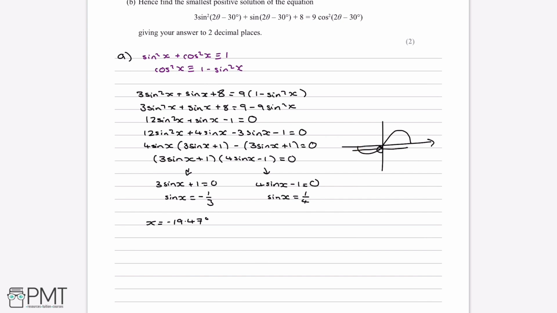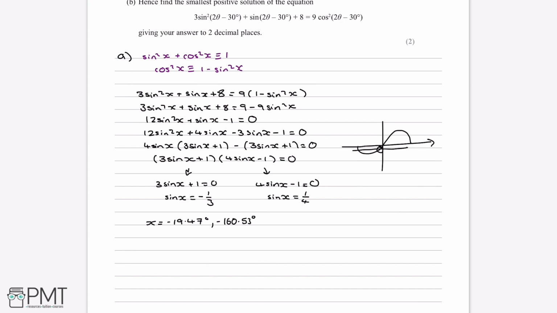We can find this one using the rule for sine graphs: -180 degrees take away -19.47. Putting this into our calculator, we get -160.53 degrees, because remember, this is all to two decimal places as specified in the question.